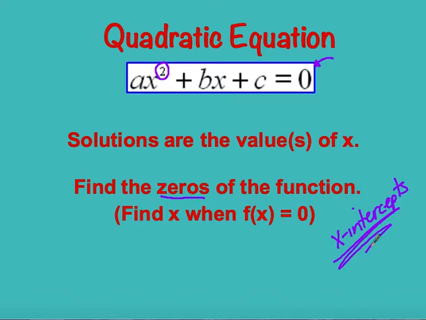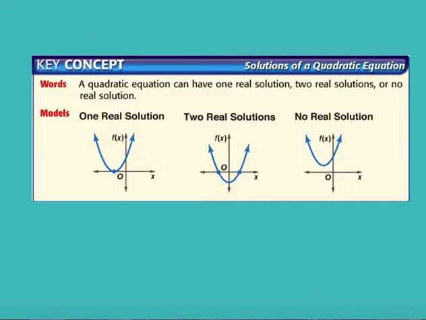Now, as far as our graphs are concerned, we can get our solutions in one of 3 ways. Our first way would be if the quadratic equation only crosses the axis at the vertex. If that's the case, then we're only going to get one real solution.